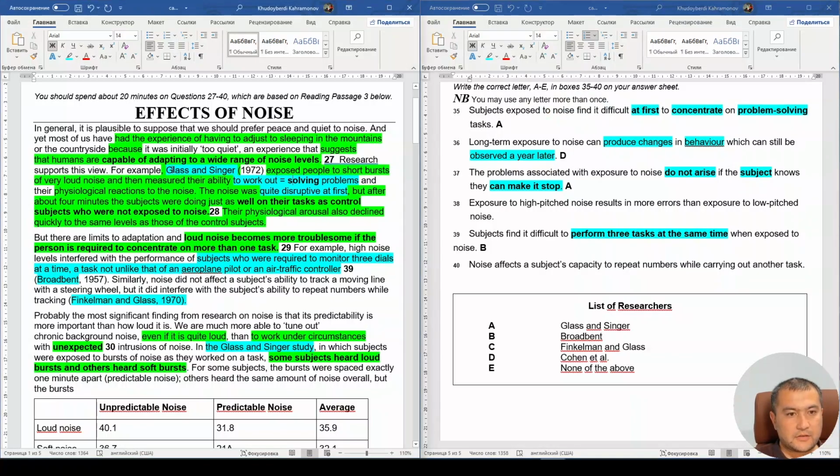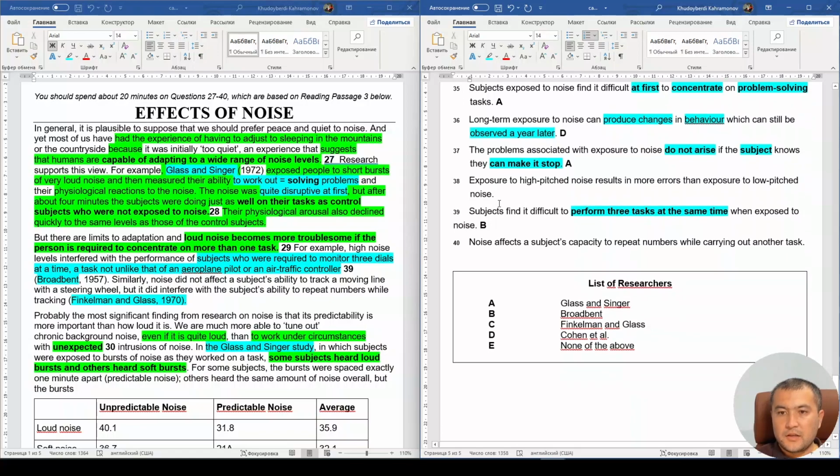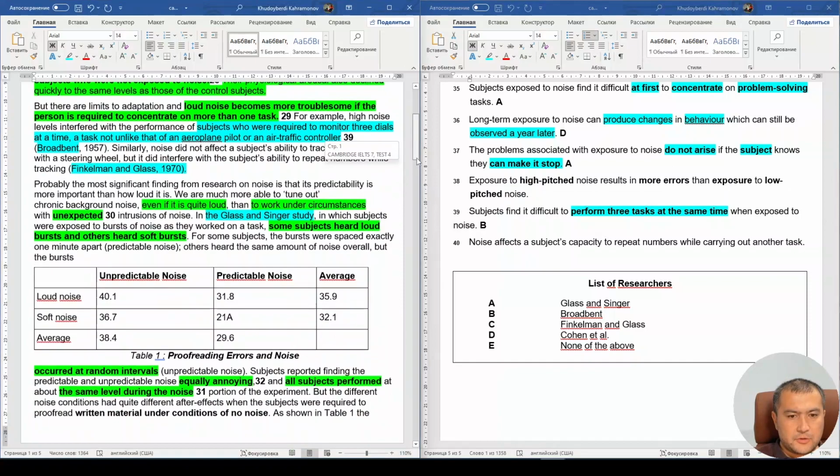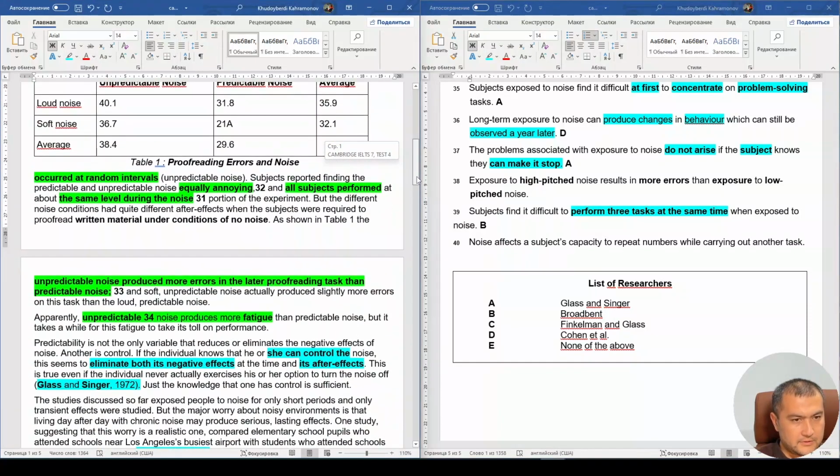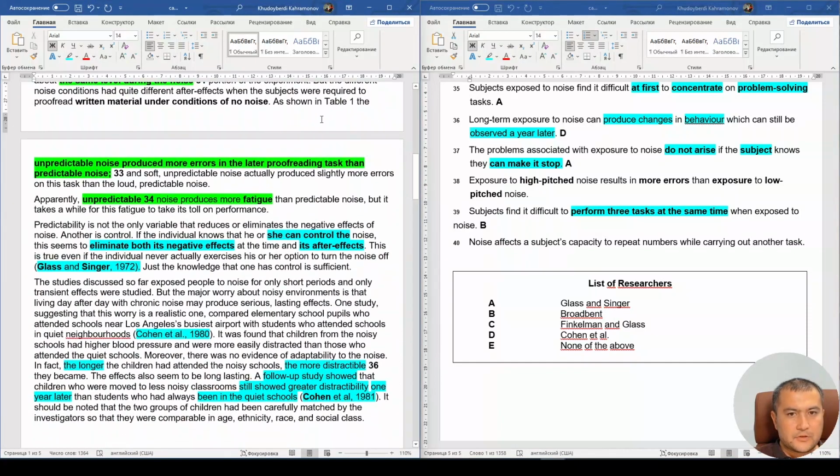It should be A because Glass and Singer. High exposure to high pitched noise results in more errors than exposure to a low pitched noise. As long as I remember, we had some sort of errors here. As shown in table 1, the unpredictable noise produced more errors in the later proofreading task than predictable noise.